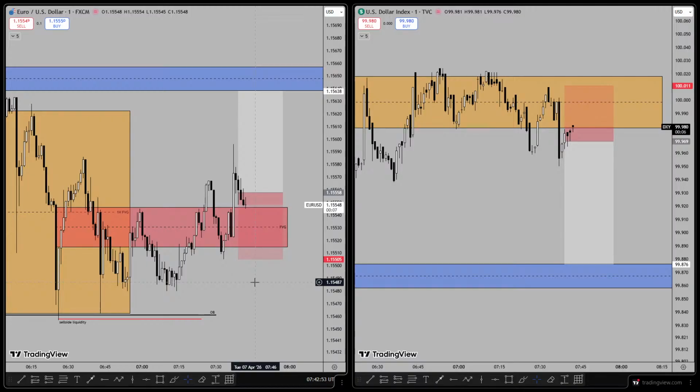You'll have a quicker result, but at the same time, you need to learn how to control your emotions because there's going to be a lot of ups and downs in price, moving below your entry level or above your entry level. So you need to learn how to hold a trade, stick to a trade plan, and be patient in price.